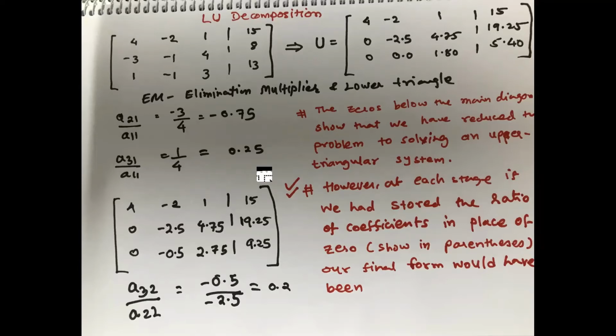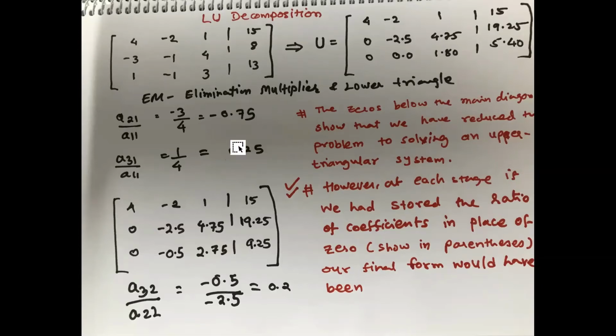Okay. So zeros below the main diagonal show that we have reduced the problem to solving an upper triangular system. However, at each step, if we had stored the ratio of the coefficient in place of 0, suppose we store the coefficient there: to eliminate minus 3 we used the multiplier minus 0.75, and to eliminate the other one we used 0.25.